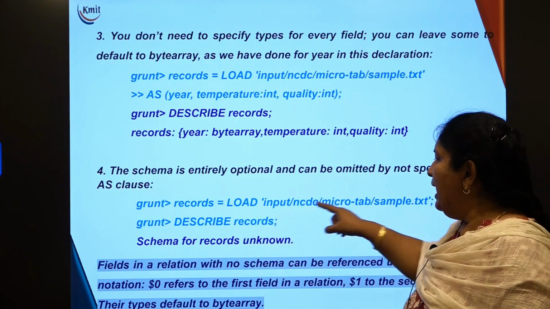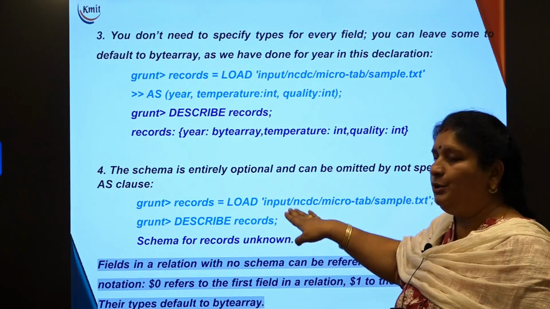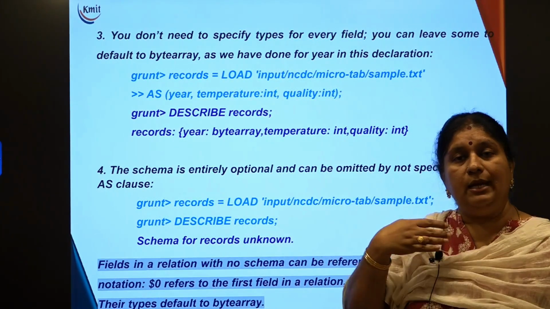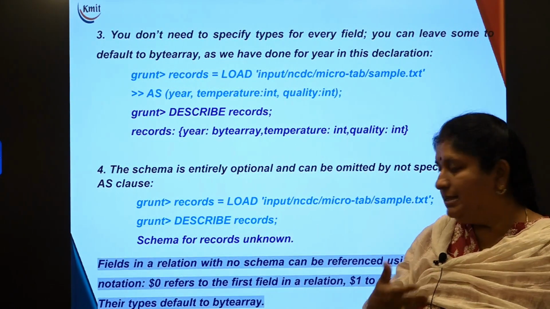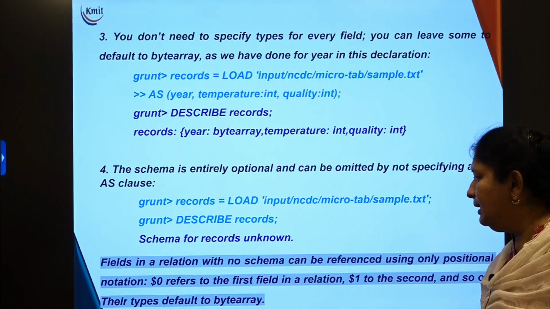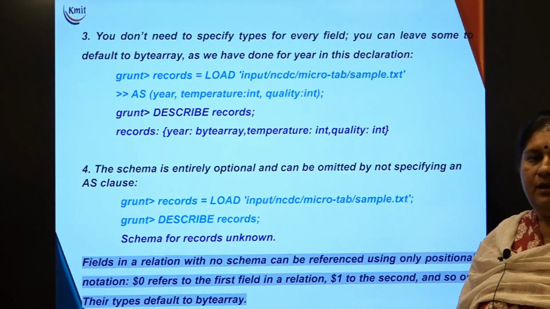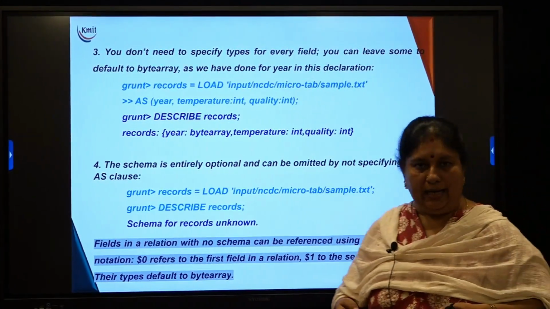And how many attributes will it load? Because you did not specify how many attributes to be loaded, it will load the entire data set with all the attributes. So how do I address them? Using the positional notation. And what will be their data type? Because nothing is specified, the default data type will be byte array.